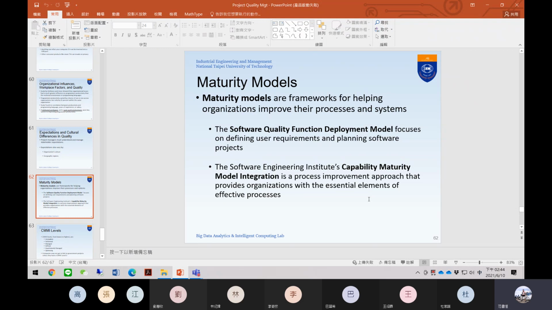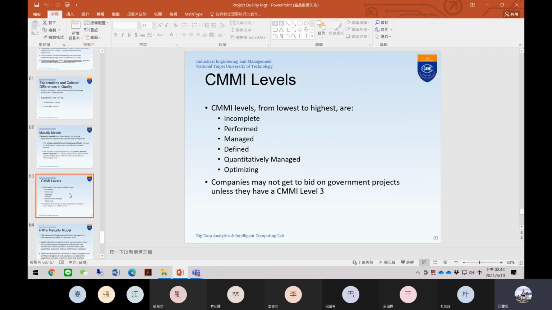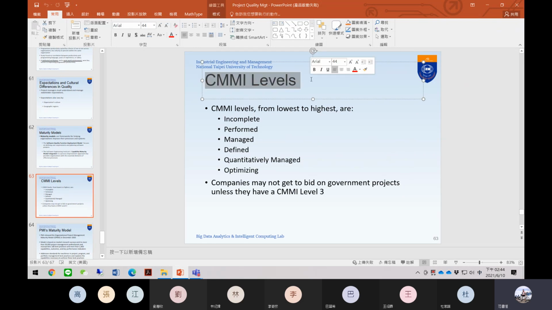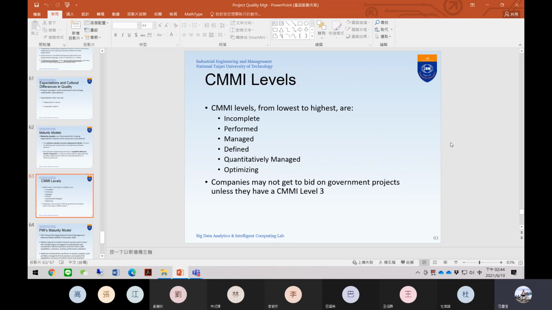The Software Engineering Institute's Capability Maturity Model Integration is a process improvement approach that can provide organizations with the essential elements of effective processes, for software engineering quality checks. CMMI levels go from lowest to highest.